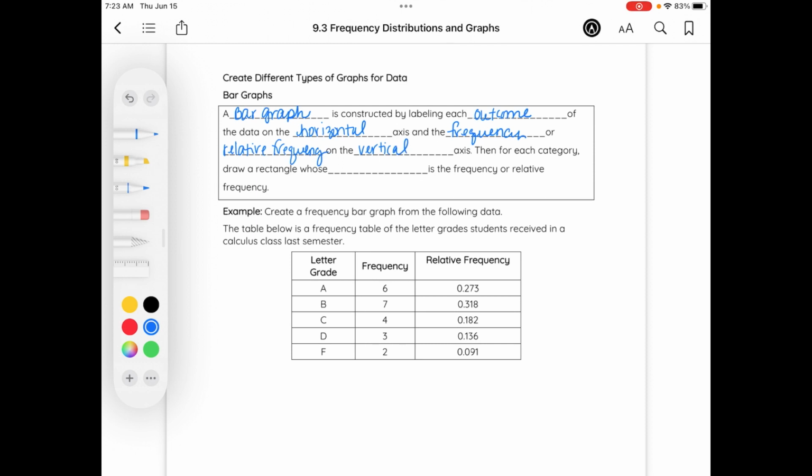Then for each category, we draw a rectangle whose height is the frequency or relative frequency.